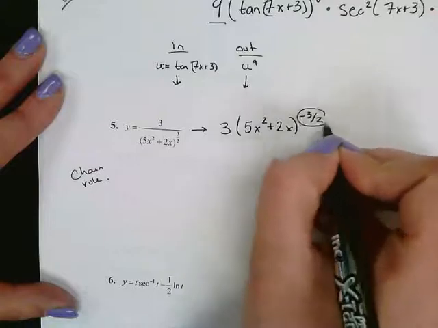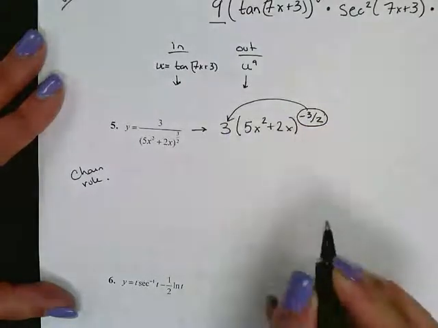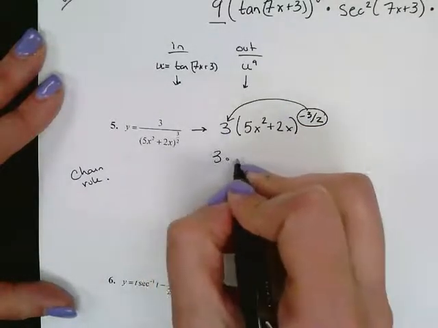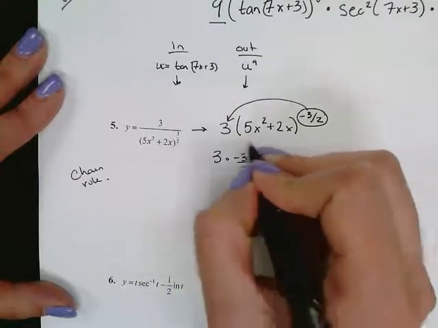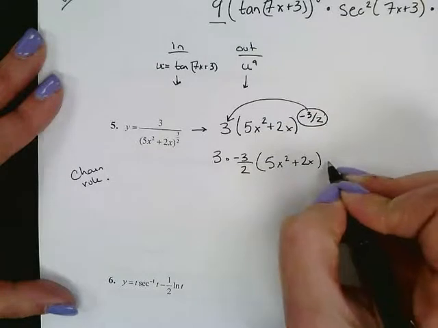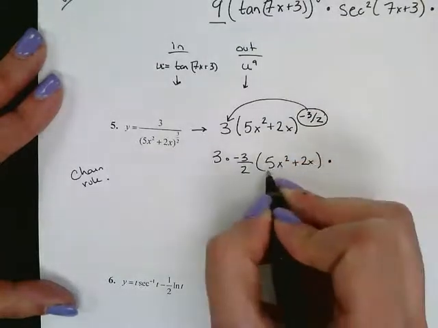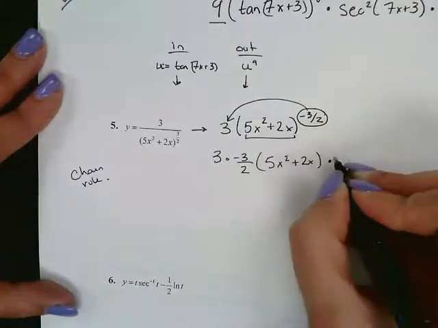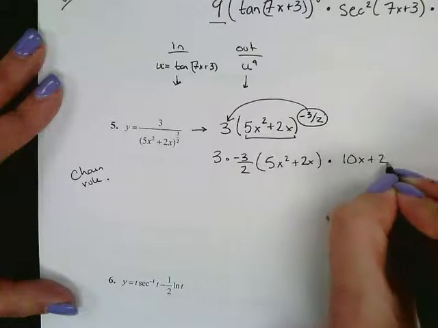And the chain rule says, take this, bring it down, so it's 3 times negative 3 halves times the inside as it is, times the derivative of the inside, which is going to be 10x plus 2.